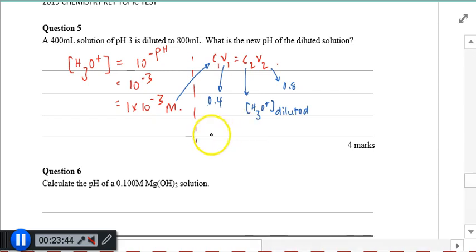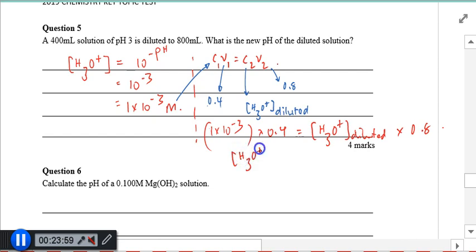So just plugging in all these values, 1 times 10 to negative 3 times 0.4 equals concentration of H3O plus diluted times 0.8. I'm going to do a little rearranging: 1 times 10 to negative 3 times 0.4 divided by 0.8.